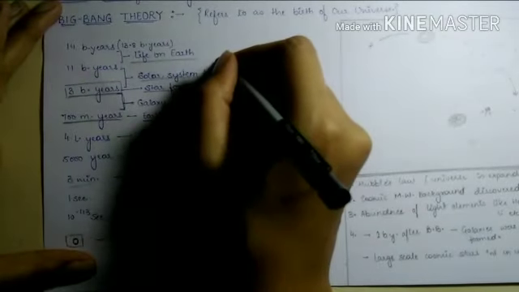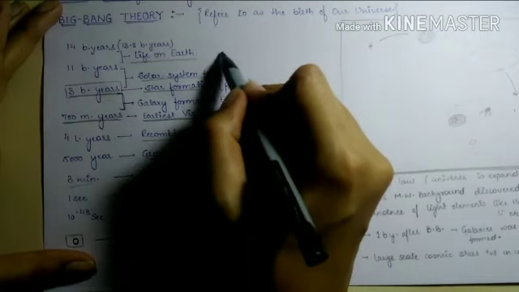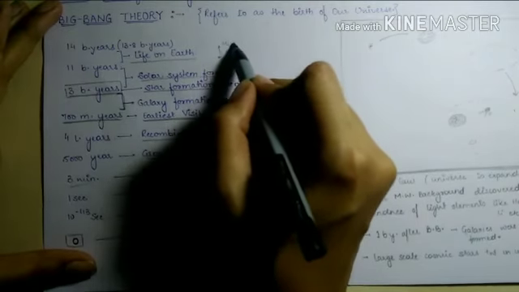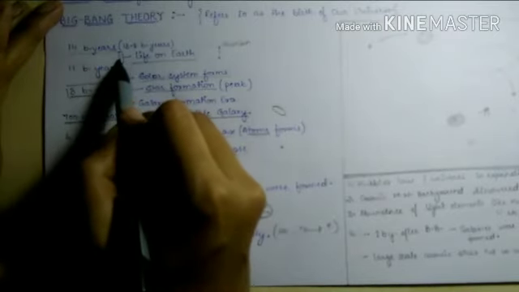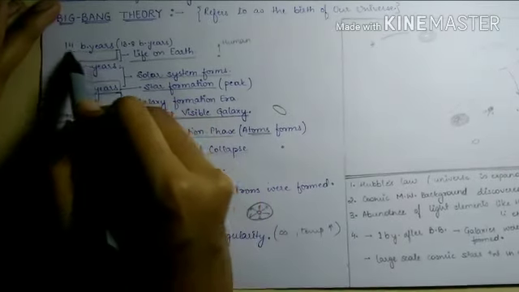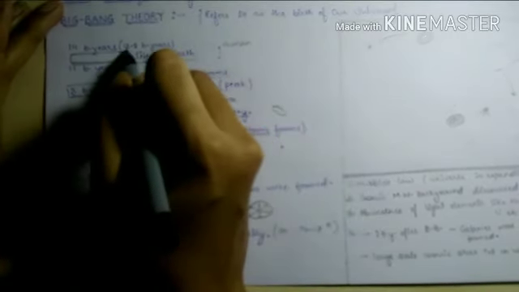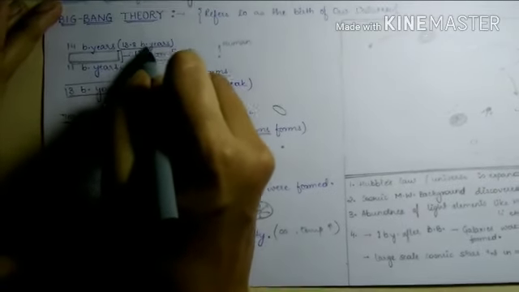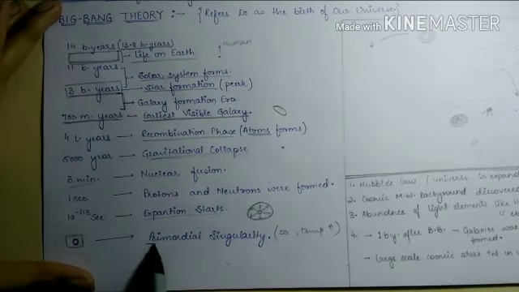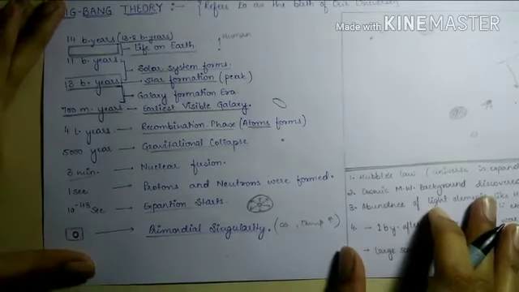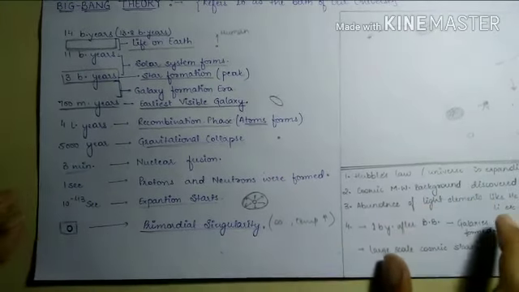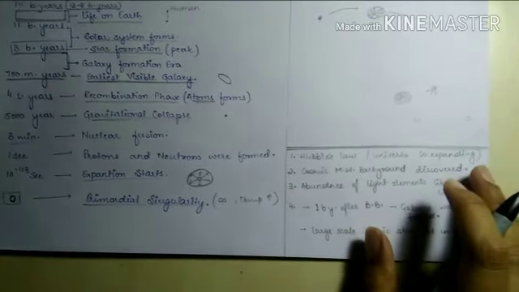So from single celled organisms to modern day humans were formed in this phase. And today, at the present, this time is about 13.8 billion years after the expansion started. So this was all about the Big Bang theory.